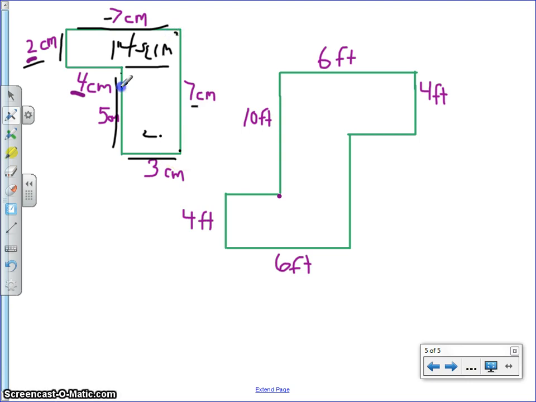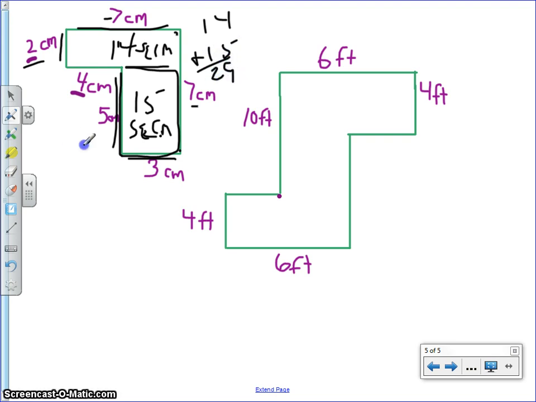I want to use the 5 because I'm looking at this pretend rectangle here that I created. 3 times 5 is going to give me 15 square centimeters. I add them together, 14 plus 15, and that's going to give me 29. So this object over here is 29 square centimeters.